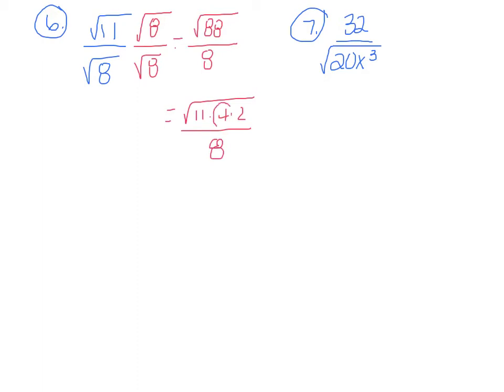Well, we know that the square root of 4 is 2, so let's bring that to the outside. And then 11 doesn't break down any further, and 2 doesn't break down any further, so let's multiply those back together. 11 times 2 is 22. And then on the bottom we have 8. Well, because the numbers on the outside can simplify, 2 goes into 8 4 times. Now we have our final answer of the square root of 22 divided by 4.